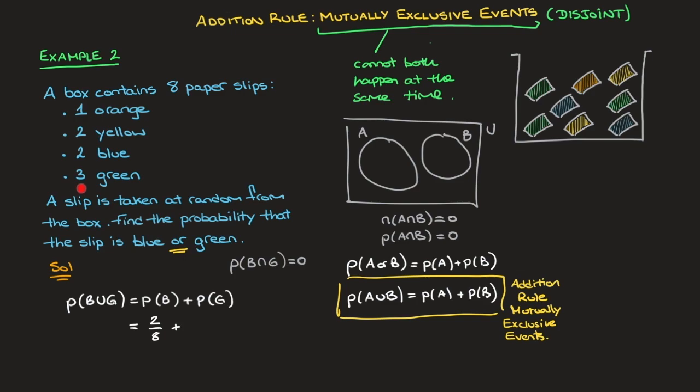Well, there are 3 green slips, indeed we have 1, 2, and 3, so that's 3 over 8. And adding these two fractions together, we quickly find that the probability of picking a blue or a green slip is equal to 5 over 8, which we could also write as a decimal as 0.625. And that's the answer.